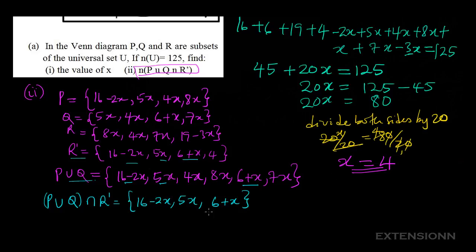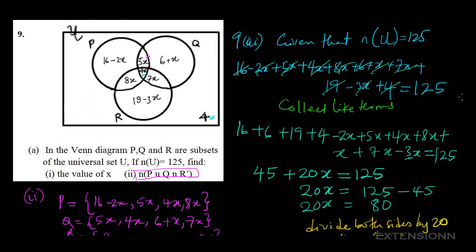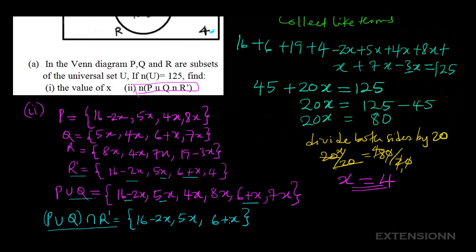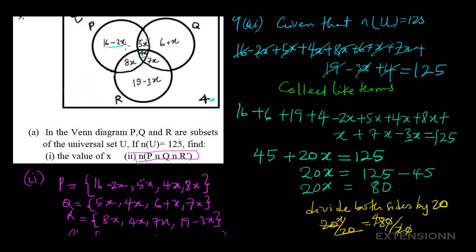So this here now represents the portion on the Venn diagram. So let's go there. You have 16 minus 2x, 5x and 6 plus x. That's this element and this element.